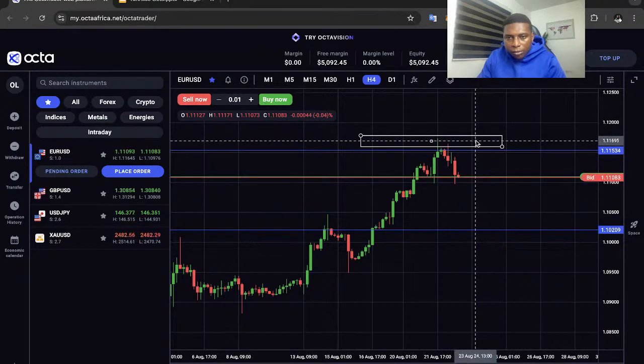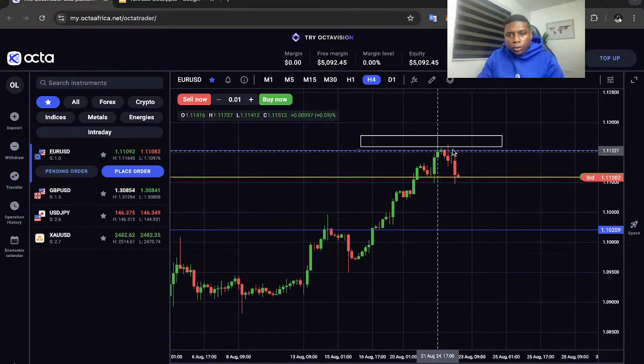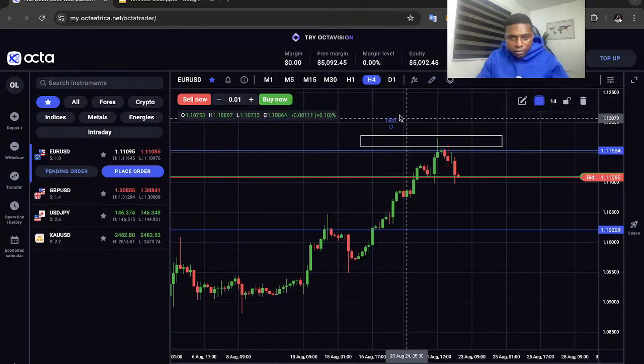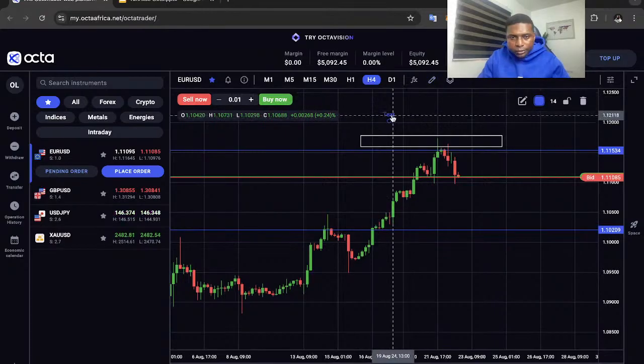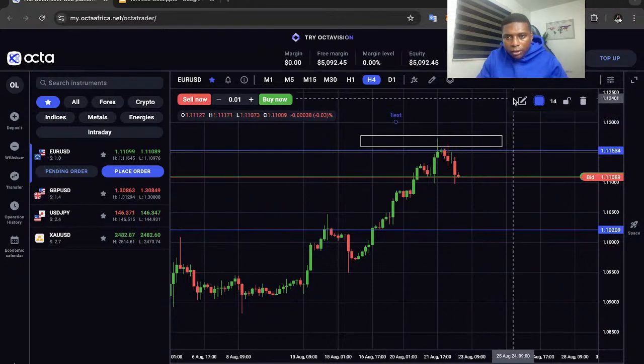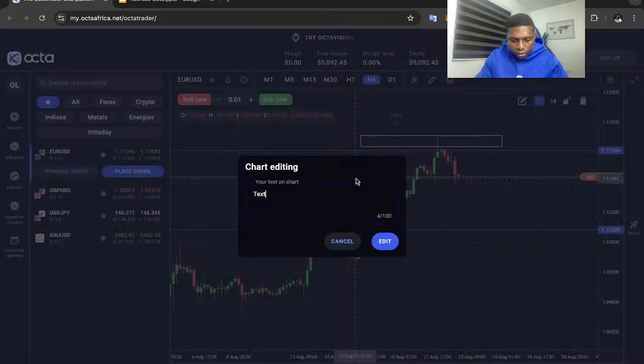We can see that at this level here is the supply zone. I want you guys to be able to follow me. Supply zone. Supply zones are also resistance zones.